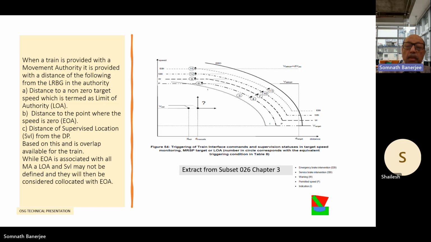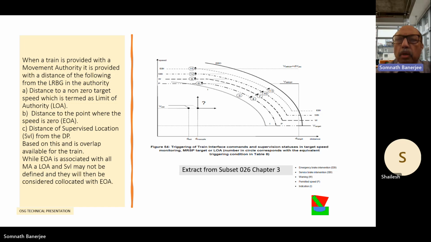The following is the target speed. If there is a stopping point defined, which is a limit of authority, a non-zero target speed is generally specified, and the train moves in such a manner that when it comes to the limit of authority, it will be traveling at that target speed.